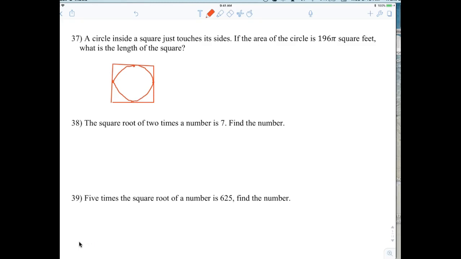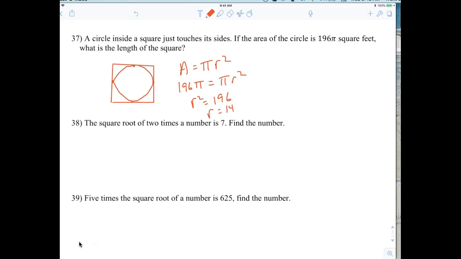If the area of the circle is 196 pi, so area of a circle you should know is pi r squared, so 196 pi is equal to pi r squared. So r squared is equal to 196, so r had to be what? 14. So the radius of the circle is 14.